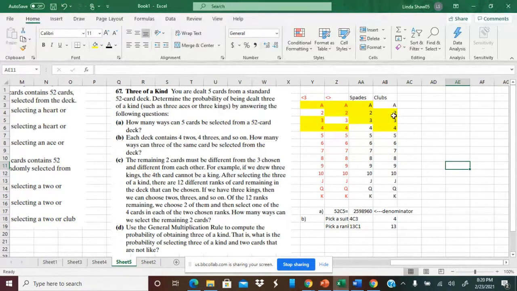So we're dealing with the card that is the triple, and we have 4 suits, and we have to count how many different ways we can get 3 4s. There are 4 ways that we can get 3 4s. So that's why it's 4 suits, choose 3.